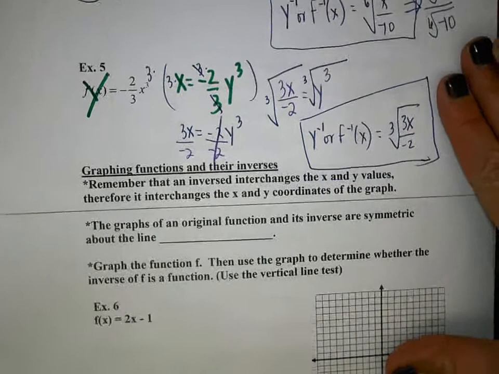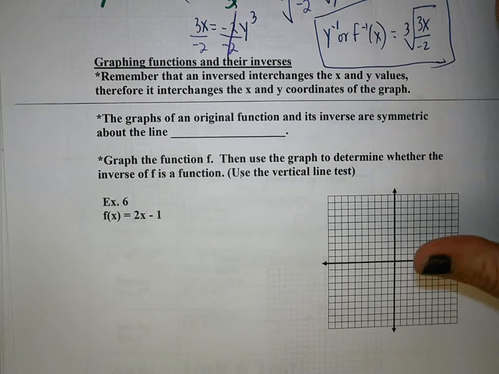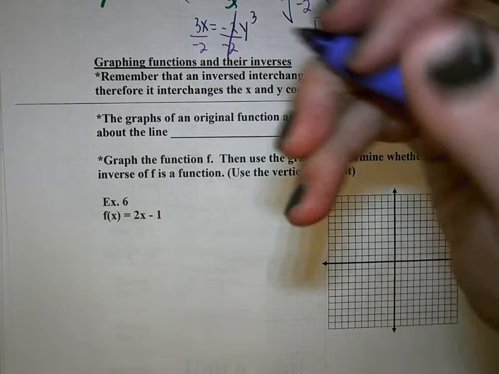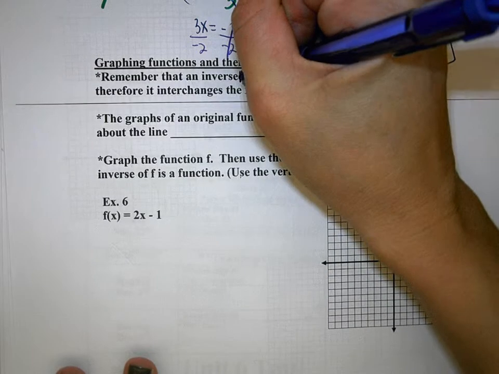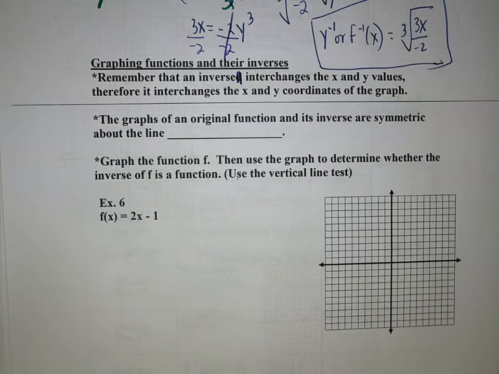Okay, graphing functions and their inverses. Remember that an inverse, this should be inverse, no D there, interchanges the x and y values. Therefore, it interchanges the x and y coordinates of the graph.